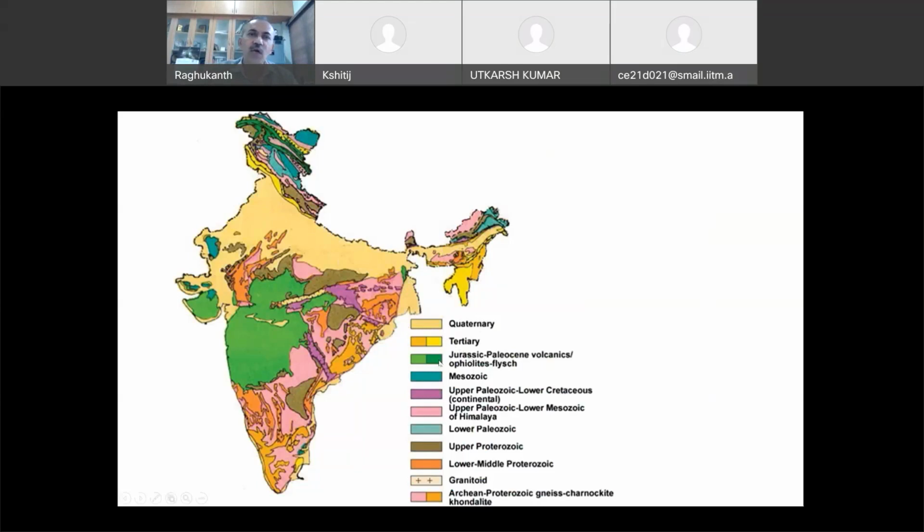So where is the Jurassic in our India? Maharashtra. What do you call this one in geology? A famous word they use, no? This blue, entire green color. What do they call the famous name for Maharashtra, these regions?